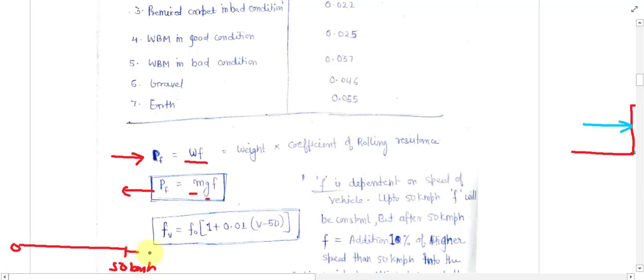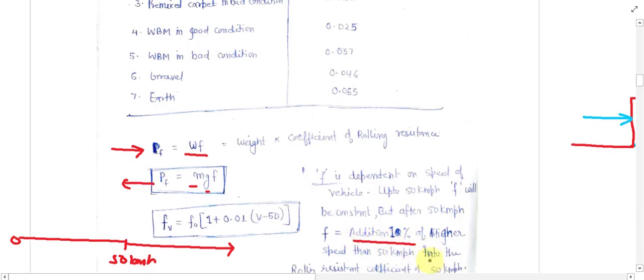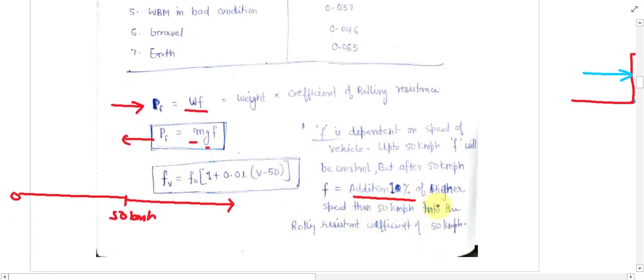As the speed increases above 50 kmph, we add 10% of the speed in excess of 50 kmph to the rolling coefficient at 50 kmph. Suppose this rolling coefficient is 0.1 up to 50 kmph, but your vehicle is moving at 80 kmph.